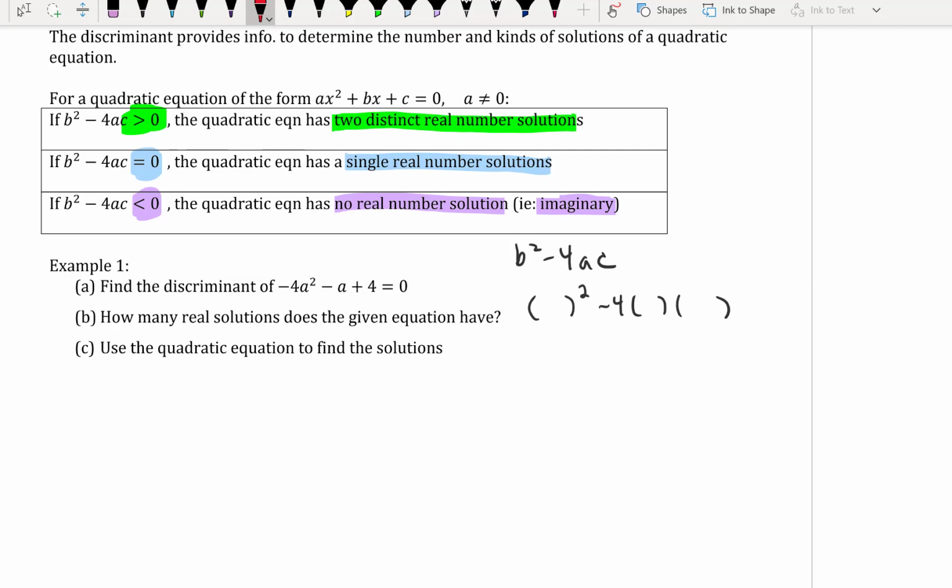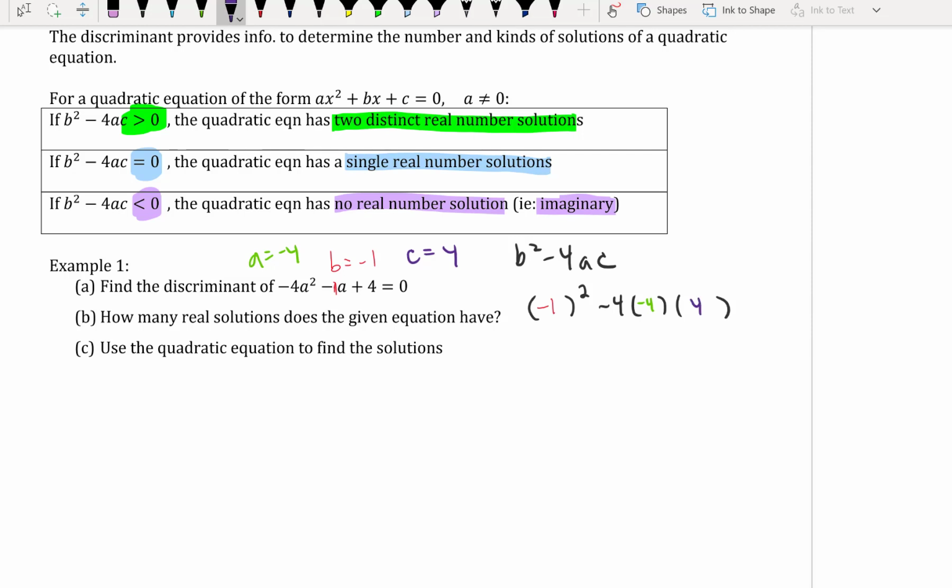You can think of your b value as a negative 1, your a as a negative 4, and your c as a positive 4. So that b value is a negative 1, the a that I'm plugging in is a negative 4, and that c value is that positive 4.